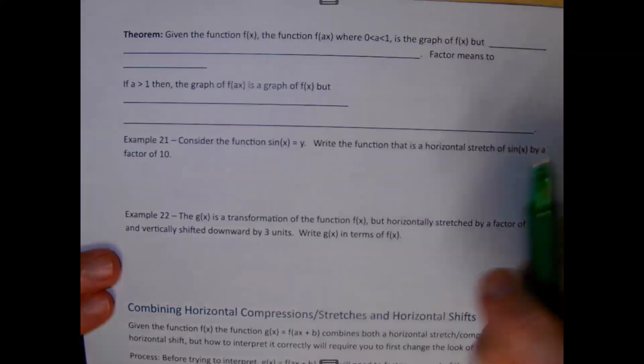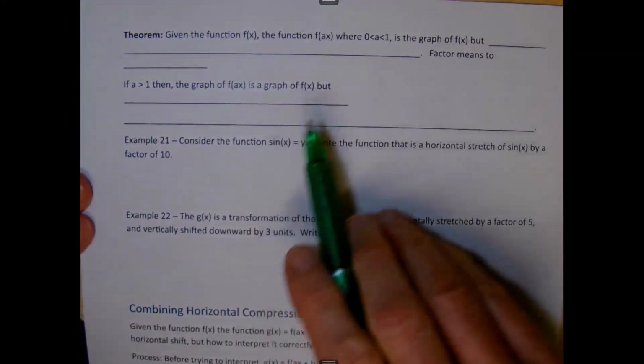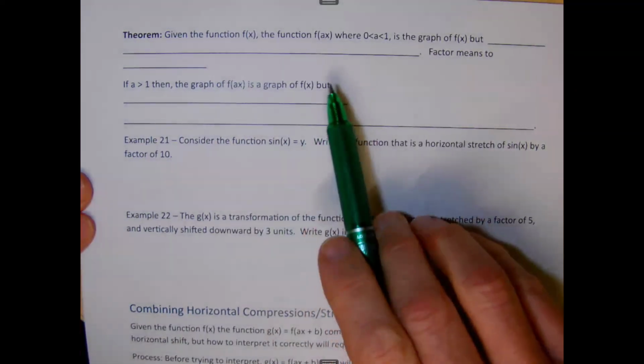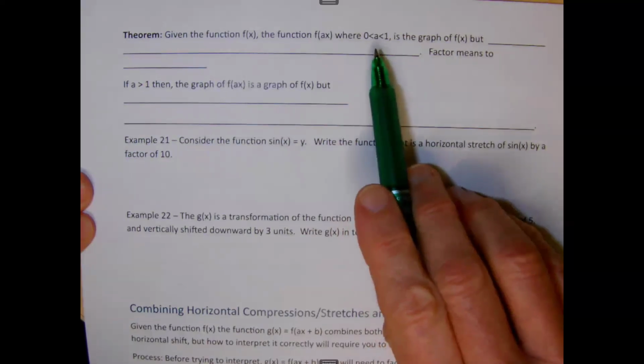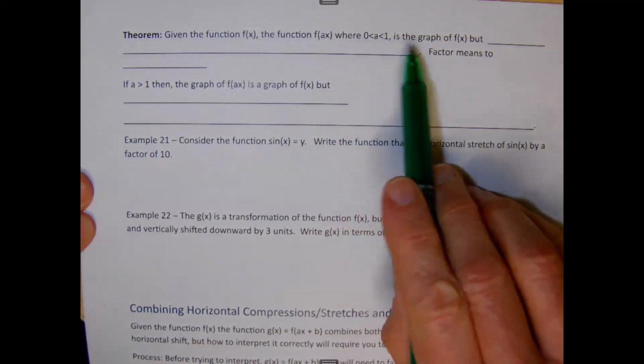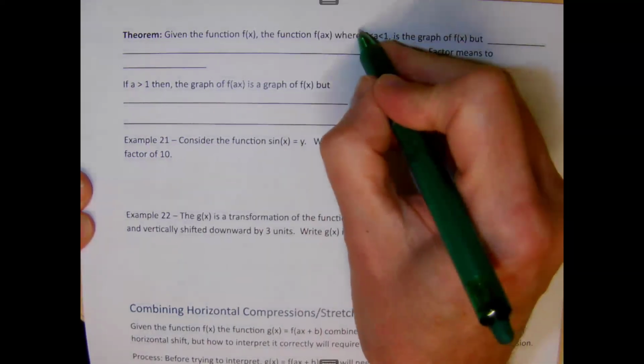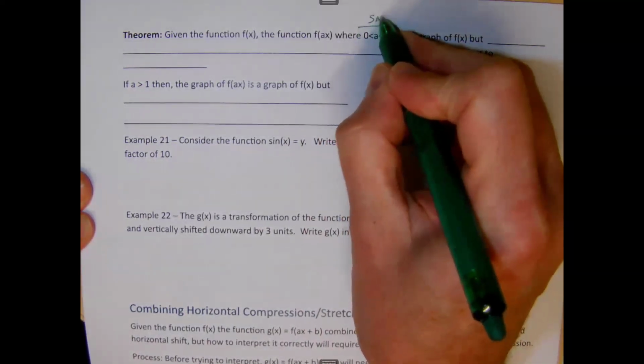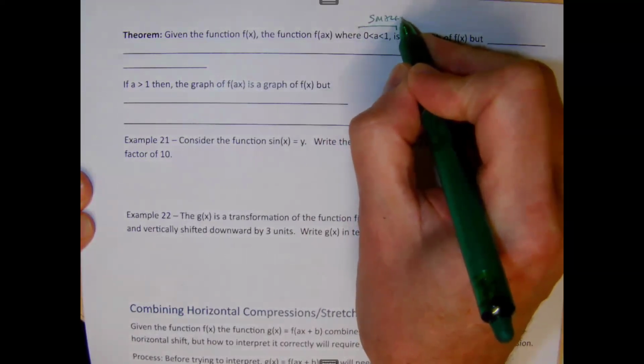The theorem is just this. Given the function f of x, and the function f of a x, where a is between 0 and 1, the graph is stretched horizontally, because this number is smaller than 1 and positive.